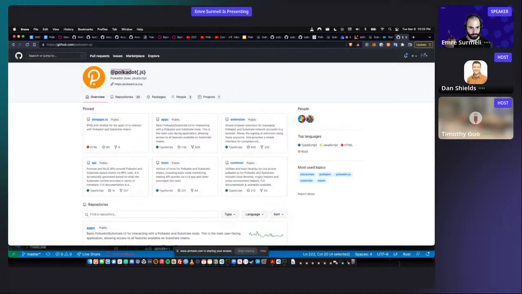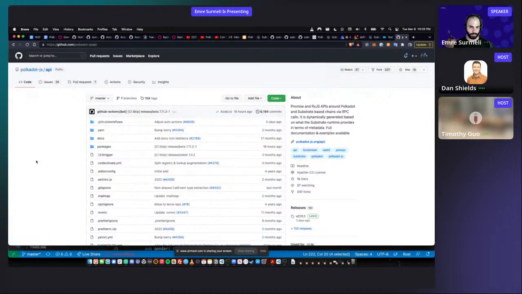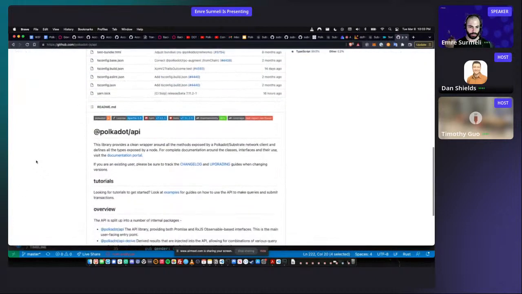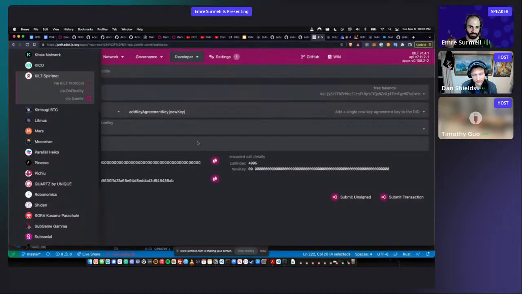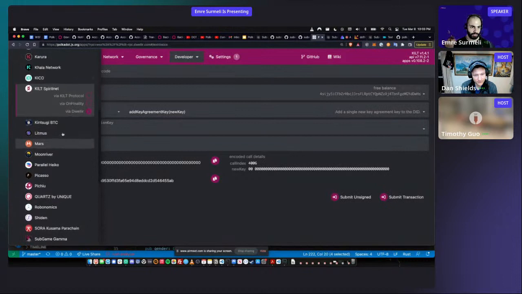So yeah. And if you want to interact with it through just your JavaScript app, you're able to tap into some of the APIs that are also open source. So Polkadot API allows you to have your own front end, because essentially this UI is using that exact same API to load all this information.